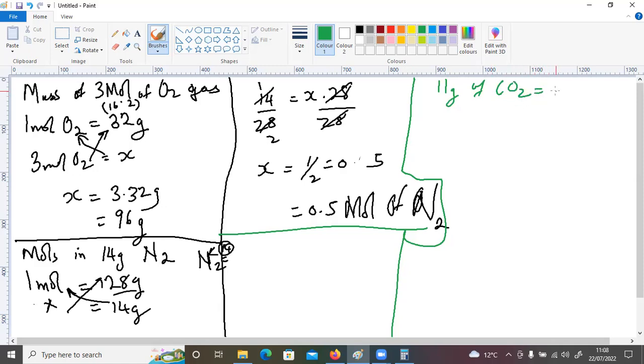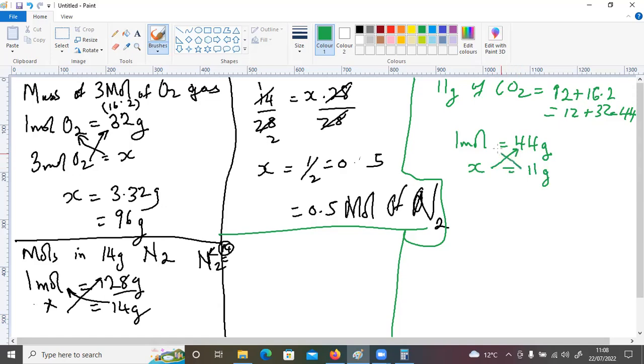We said CO2 is C, which is 12, plus 2 oxygens, 16 multiplied by 2. So this gives 12 plus 32, which is equal to 44. So I'll say that 1 mole of carbon dioxide is equal to 44 grams. How many moles are in 11 grams?